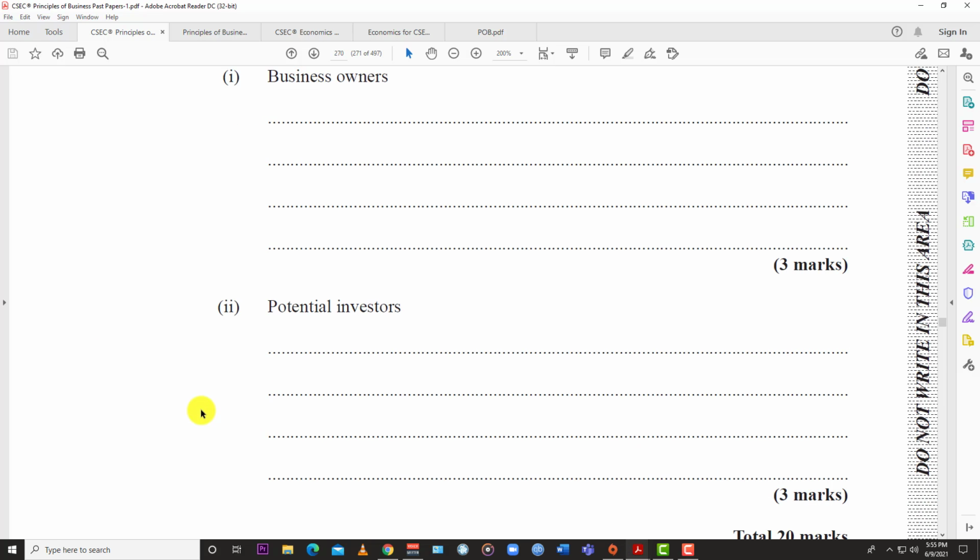And apart from all of that, the very simple thing is that a business plan gives the potential investors a general idea. I wouldn't even say general, a more in-depth idea of the business, what it's about, what it's going to do, what it's going to offer. Instead of just going in there talking about your big idea and whatnot and not on paper, you take the business plan, you give it to them, they read it, they get a more comprehensive idea as to what the business is all about.